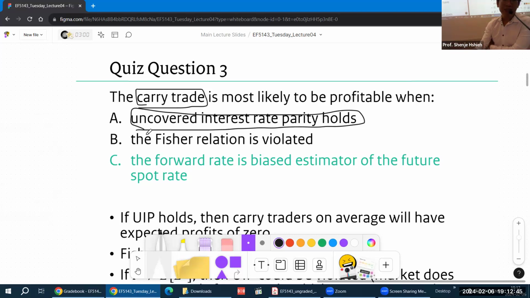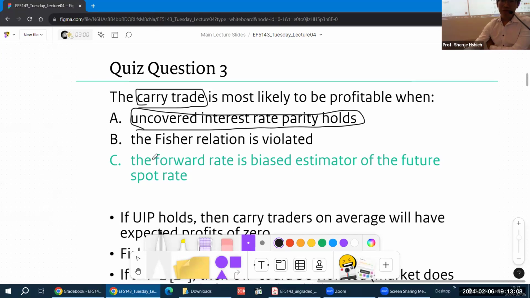So A is not a good answer. It doesn't mean the carry trade never makes money. It's a statistical argument. On average, maybe in one iteration, a random event, you do make some money, but if you repeat this over and over again, on average, you should get nothing. So A is not a good answer.